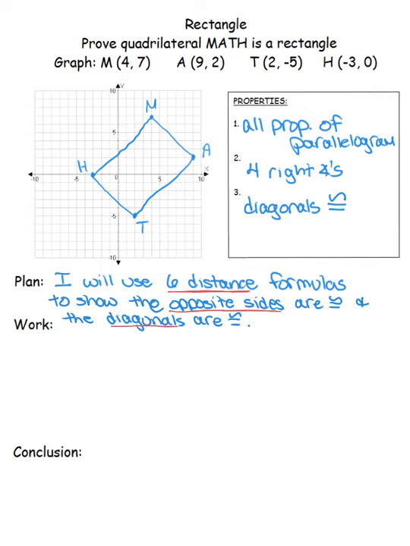So if I look at the picture, my opposite sides are MA, that's opposite HT or TH, it doesn't matter what order. We're also going to do the opposite sides of HM and TA. And then we want the diagonals. My diagonals are HA and MT. If I draw them in, there's one diagonal, there's the other.